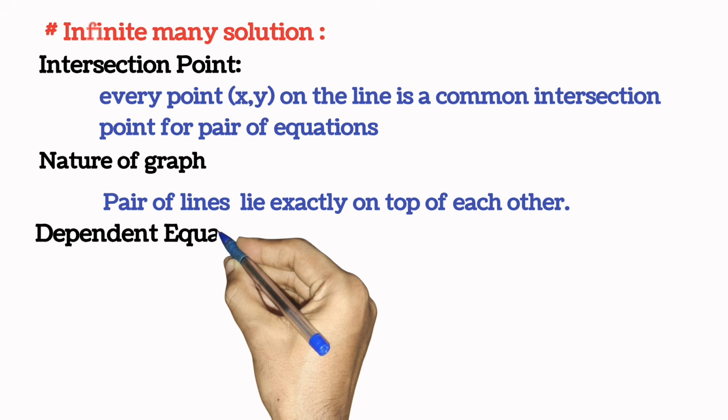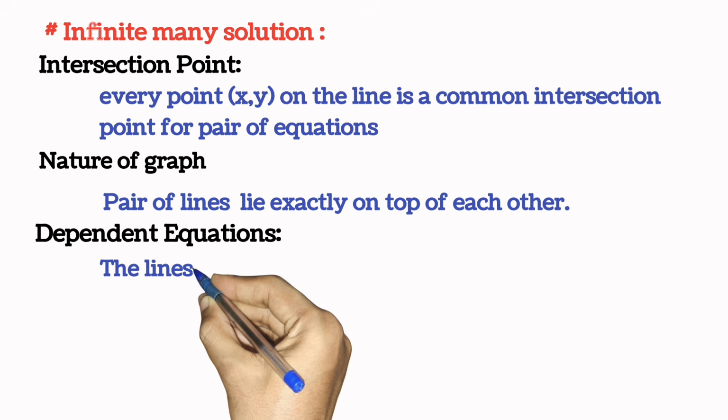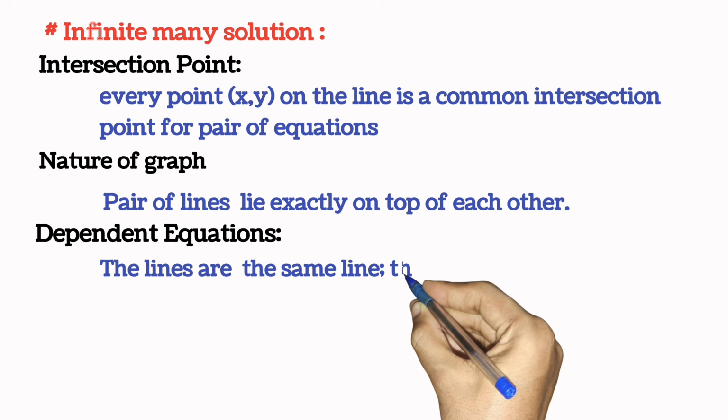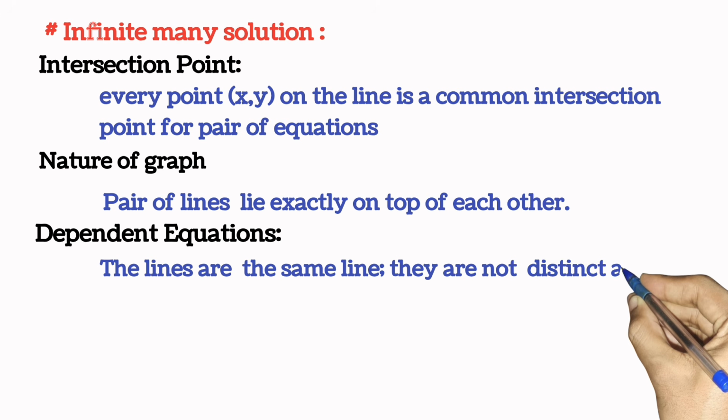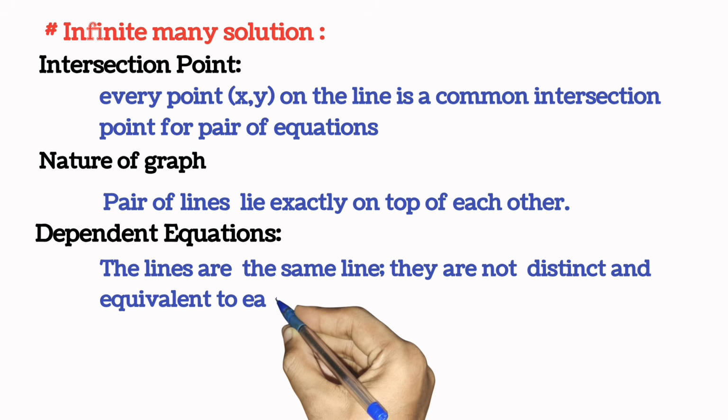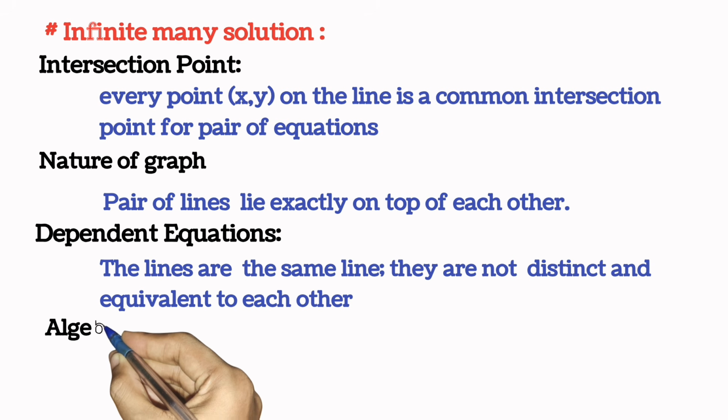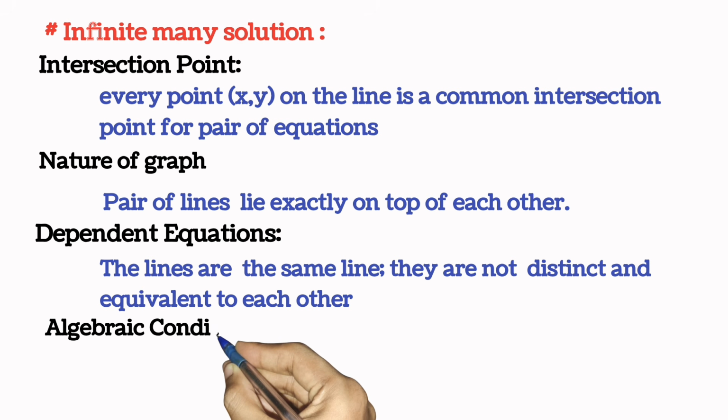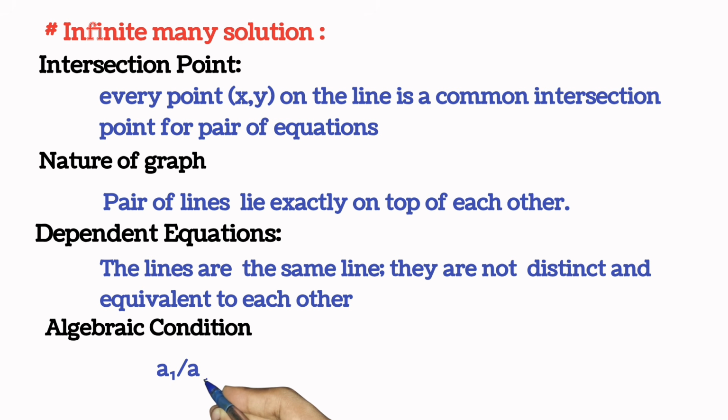Now dependent equations for infinitely many solutions: the lines are the same line, they are not distinct, and are equivalent to each other. The algebraic condition for infinitely many solutions is a1 by a2 equal to b1 by b2 equal to c1 by c2.